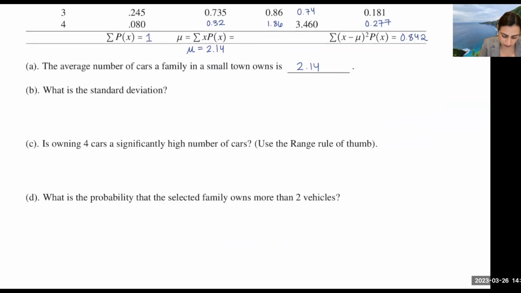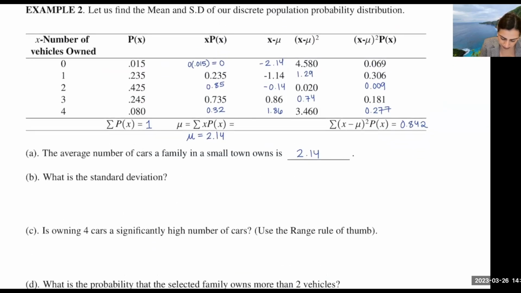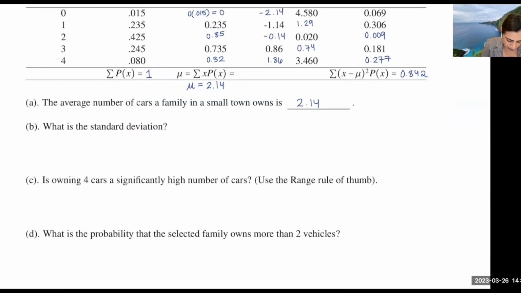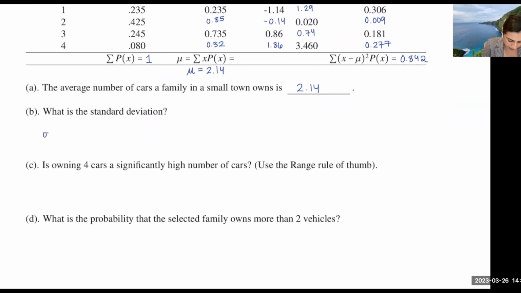I'm going to go ahead and go over here. And so again, my standard deviation, my symbol here is sigma, and this is equal to the square root of the sum of quantity x minus mu squared times the corresponding probability.